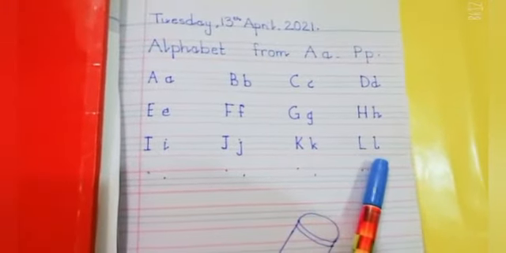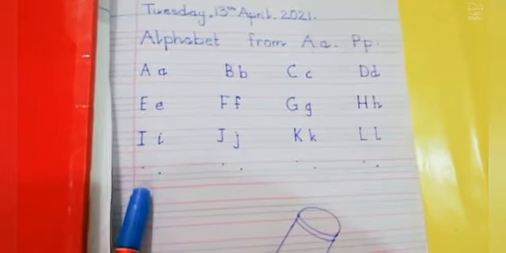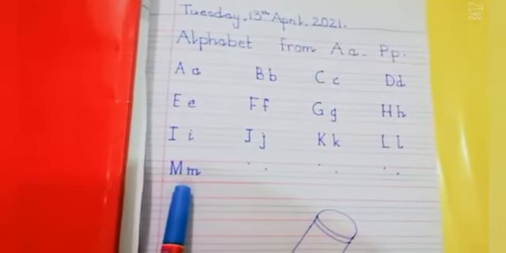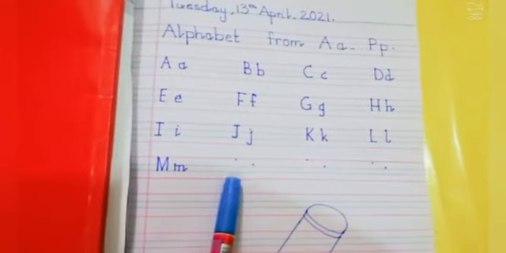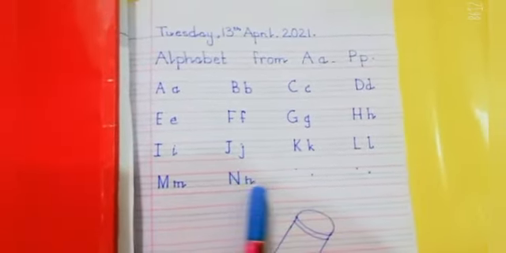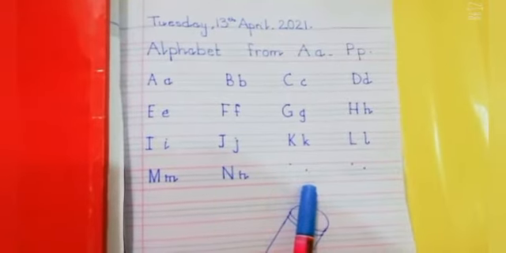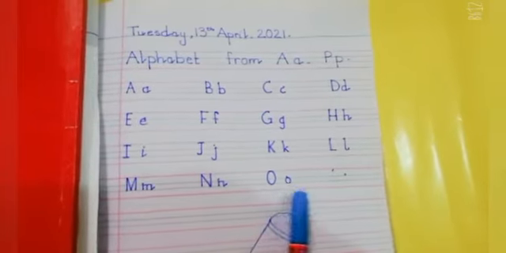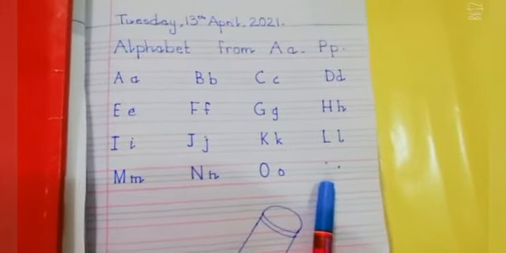Yes. What comes after L? M. Capital M, small m. Like this. Next, capital N, small n. Yes. Next, capital O, small o. Yes. Next, capital P, small p.